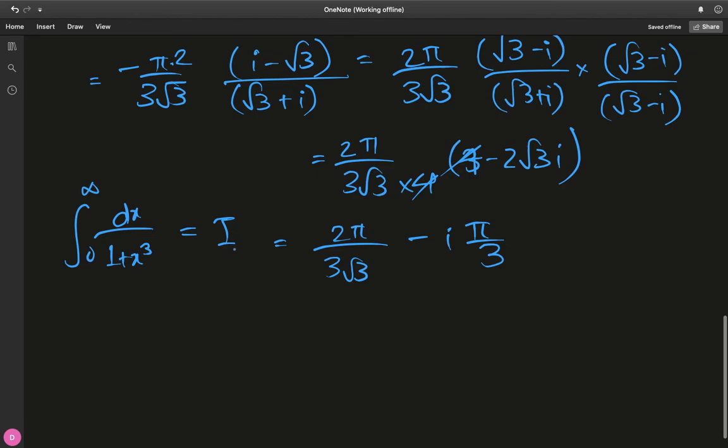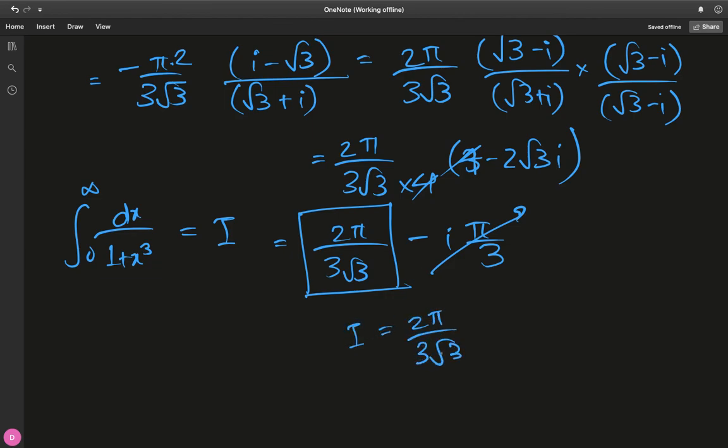Since our I is real, just ignore this part. A real integral over real numbers has to be real, it can't be imaginary, it makes no sense. So I is 2 pi over 3 root 3.